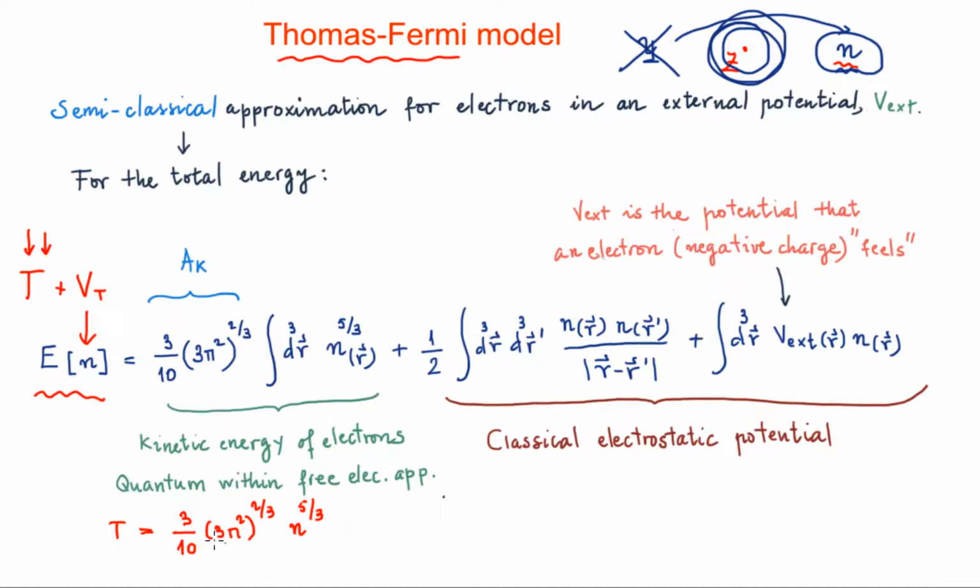Okay, but here in the uniform gas approximation, the electronic density is a constant. But in the atom, the electronic density is not constant. It varies with the position vector. So they considered that, even though this expression is exact when the electronic density is constant, the variations of the density in an atom are slow enough that we could apply it, but considering that the density is going to be spatially dependent.